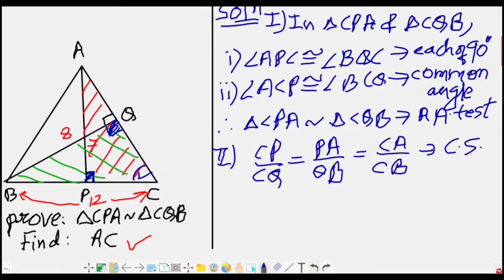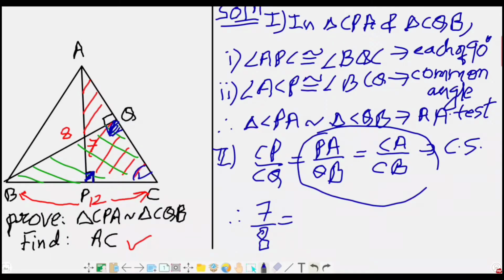Now, AP is given, QB is given, BC is given. You are asked to find AC. So you have to take the last of these ratios. AP is 7, QB is 8, AC (CA means AC only), and BC is given 12.